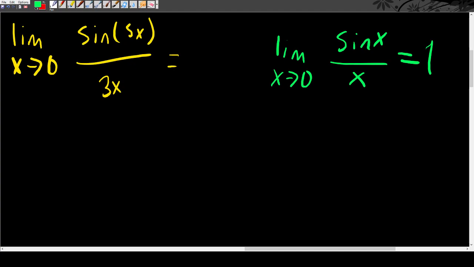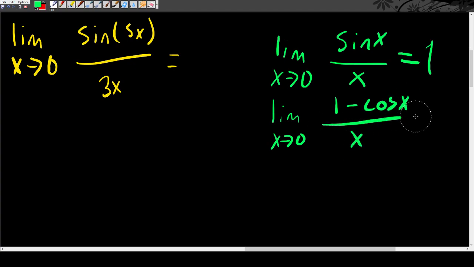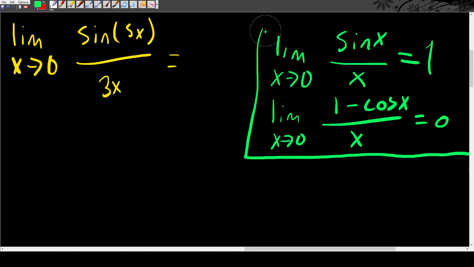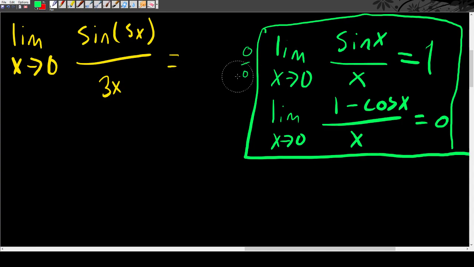It's one minus cosine x. So it's the limit as x approaches 0 of 1 minus cosine x over x equals 0. These are kind of your holy grails when you don't have a problem that can use L'Hopital's rule, which handles 0 over 0 or infinity over infinity.